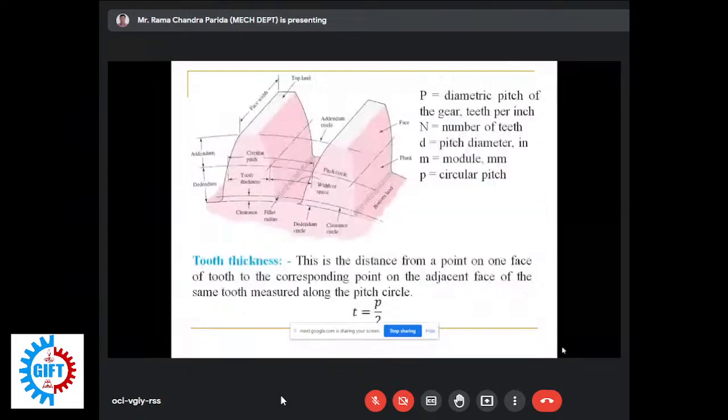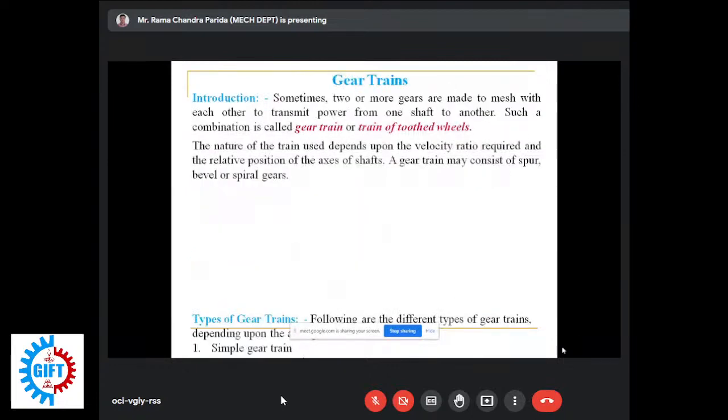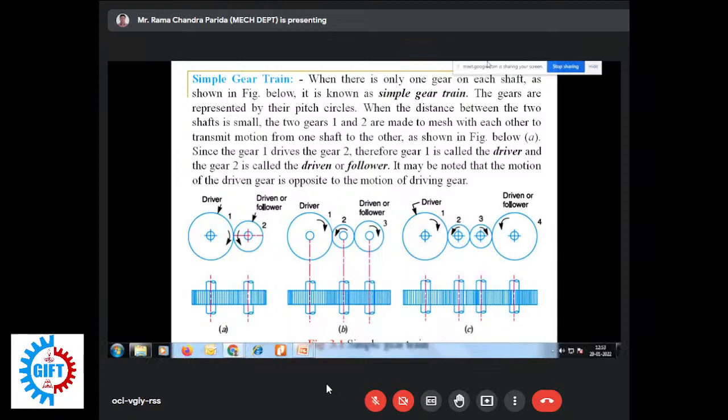This part we already discussed. Okay, do all of you have pen and paper or not? Copy. So this is the simple gear train, the diagrammatic representation of a simple gear train having driver and driven or follower gear. If we insert one intermediate or idle gear, you can see from figure B that both driver and driven gear are rotating in the same direction.